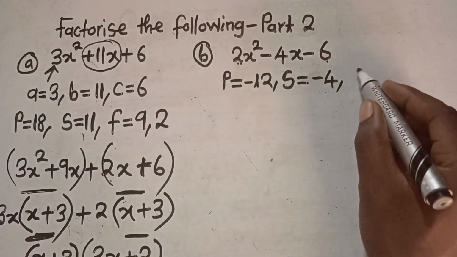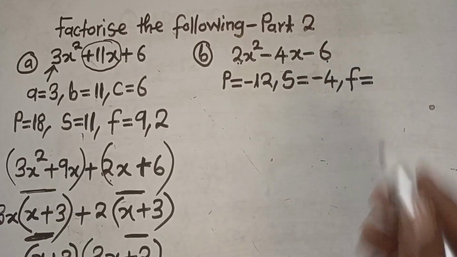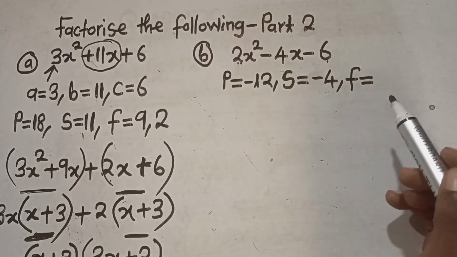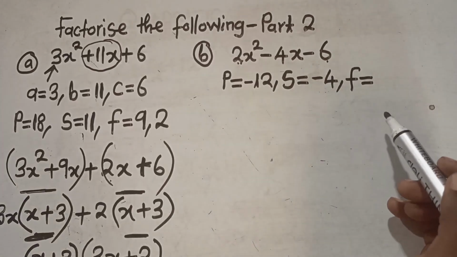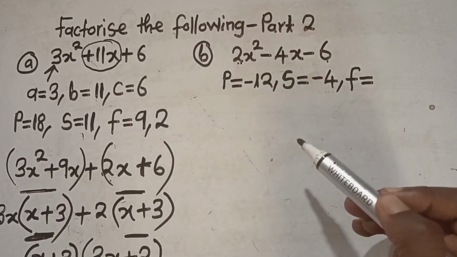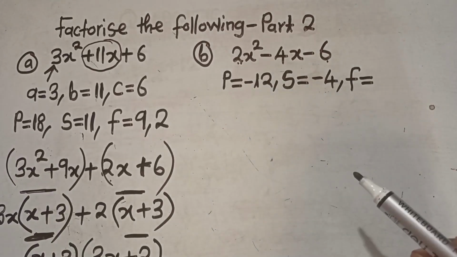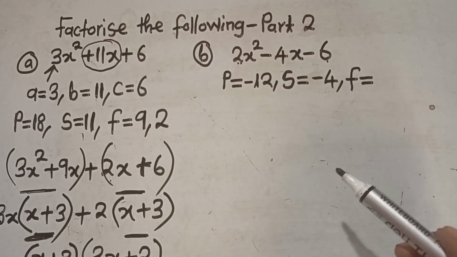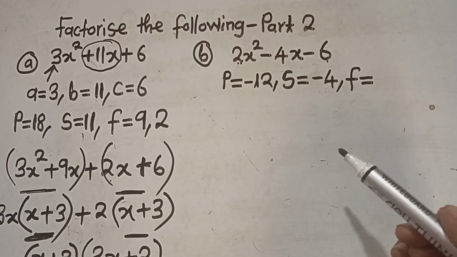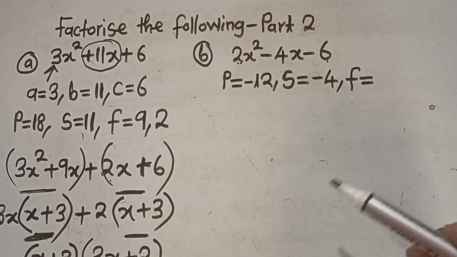So we look now for the factors. What are the factors? The factors are two numbers that you can multiply to get -12. If you add them, you need to get -4. What are those numbers? You try to look for the numbers now.